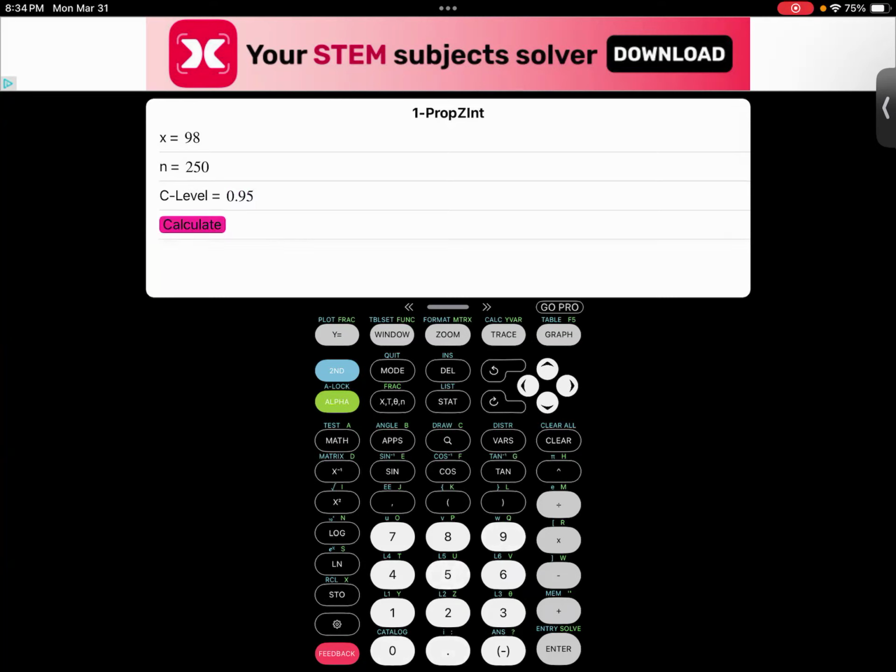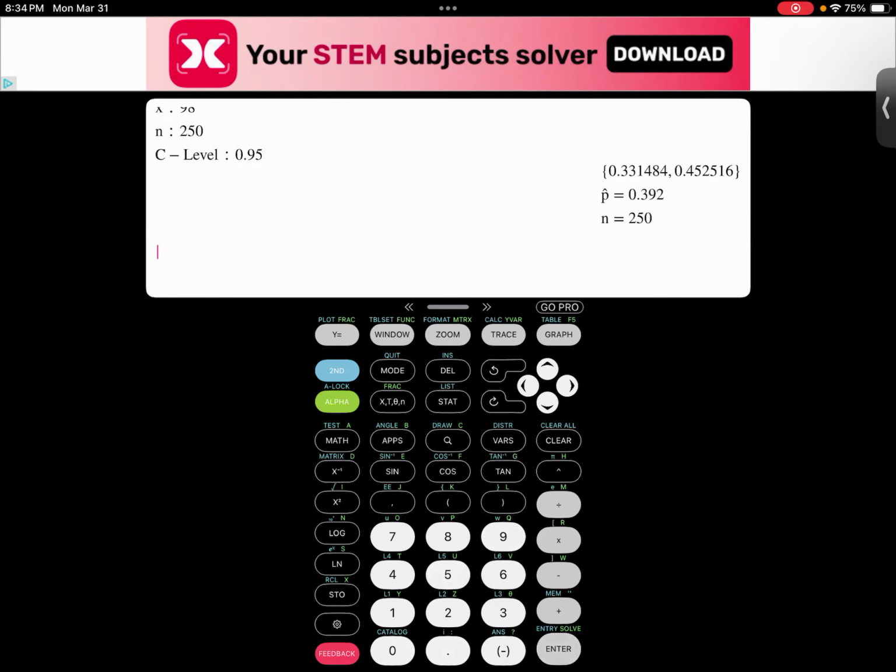So hit calculate, and there we go. There's our confidence interval, 0.331484 and 0.452516. And we're also given a p hat of 0.392. We'll use that for the graph.